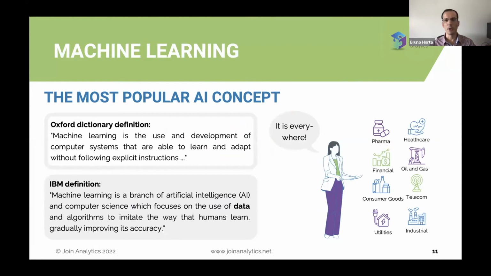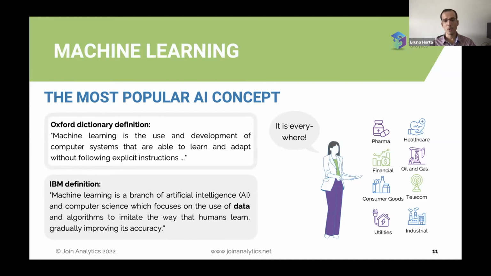So it's different from a conventional computer algorithm where you put in all the instructions, everything that the computer has to do, but it's a way to program the computer without explicitly giving these instructions. The IBM definition is a bit more clear on that. Machine learning is a branch of artificial intelligence and computer science which focuses on the use of data and algorithms to imitate the way that humans learn, gradually improving its accuracy.